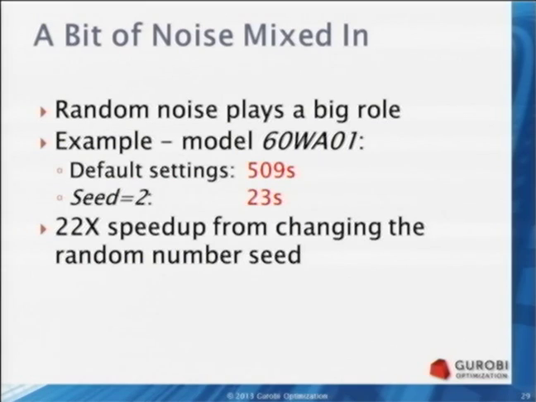A different random number seed gives you different tie breaking, which sends you down a completely different path. Sometimes one path is radically better or radically worse than another. In this particular case, I didn't change anything other than the random number seed. Same model, same processor count, same algorithm, same everything, just the random number seed. So you can imagine if you change anything at all, it introduces a substantial noise component.